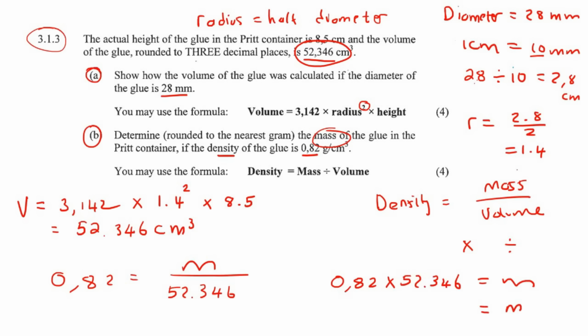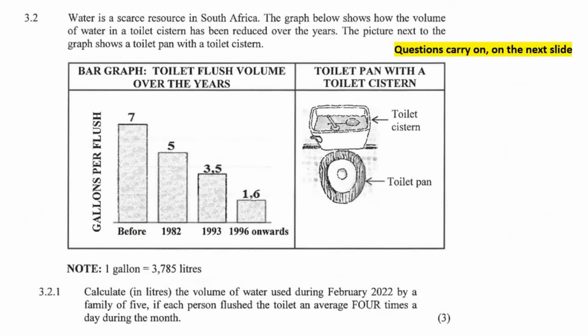If you work out m, which is the mass, you end up with 42.92 grams. But they did say rounded to the nearest gram, so that would round up to 43. So the final answer would be 43 grams.